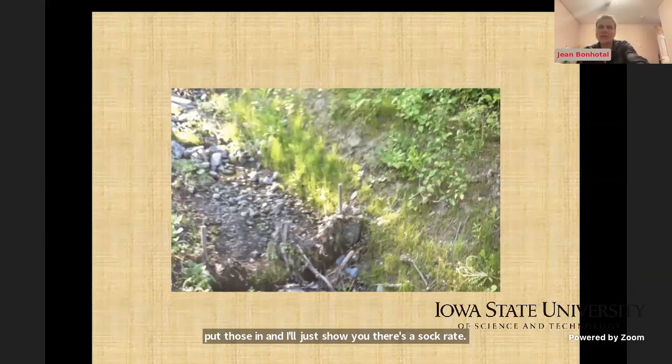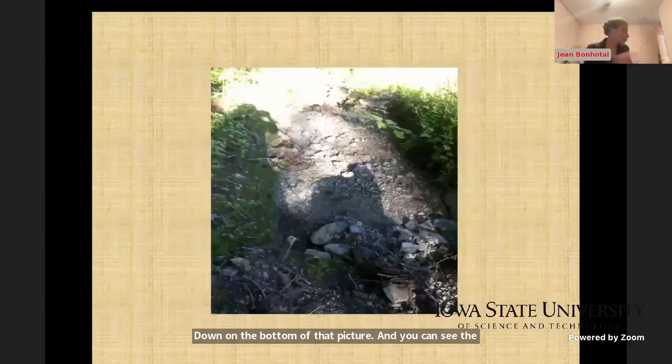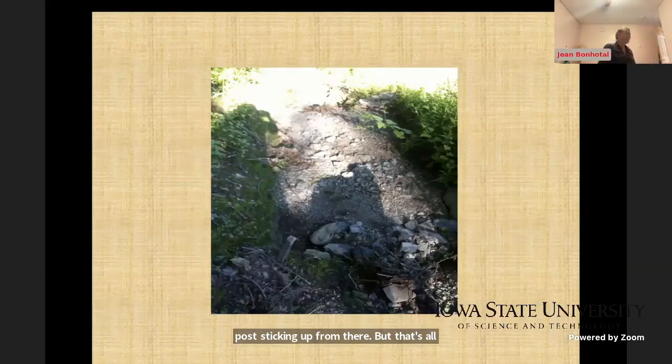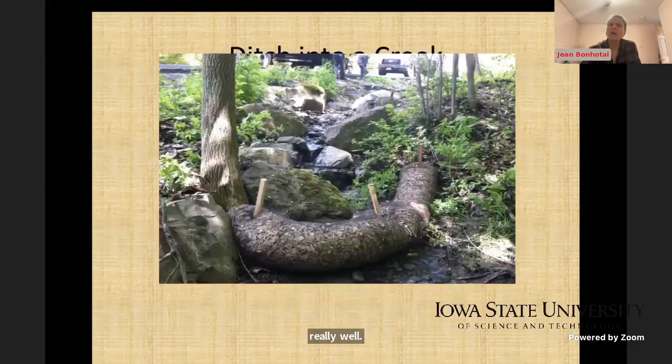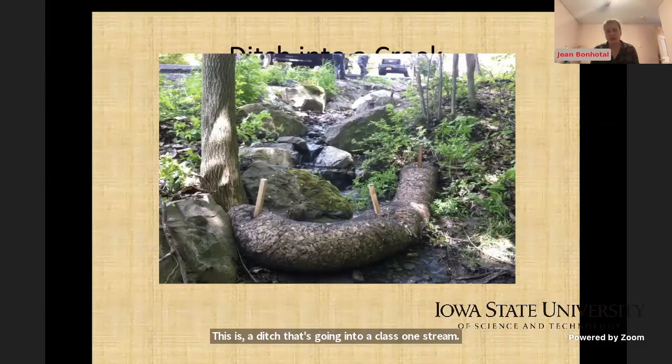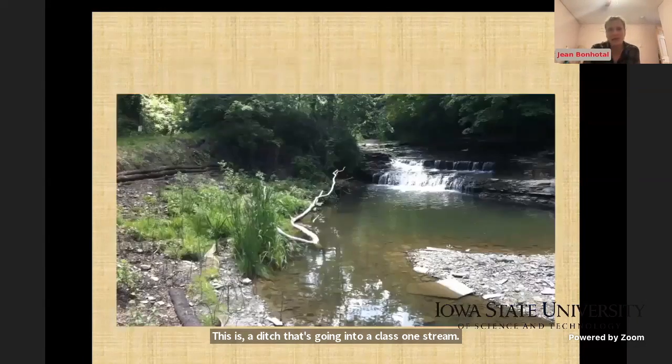And you can see the post sticking up from there, but that's all working really well. This is a ditch that's going into a class 1 stream. So we put an extra large sock in there and it ended up working really well.